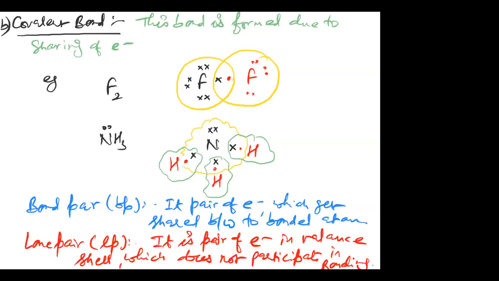So bond pair as well as lone pair of electrons. Lone pair means it is the pair of electrons in the valence shell which does not participate in bonding.